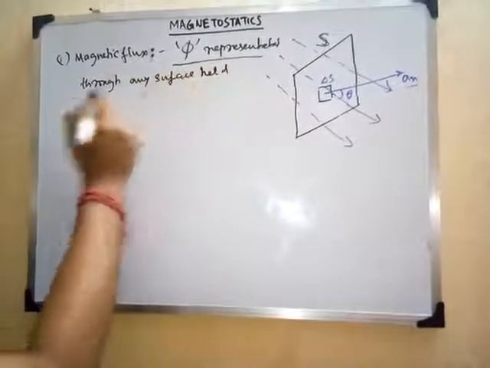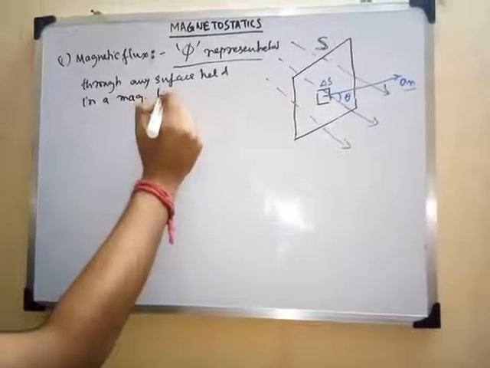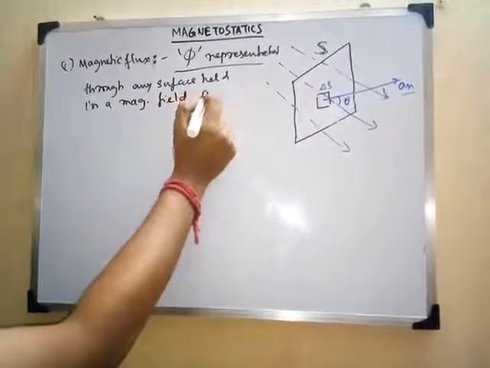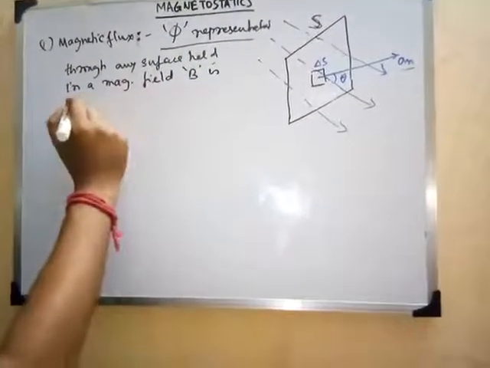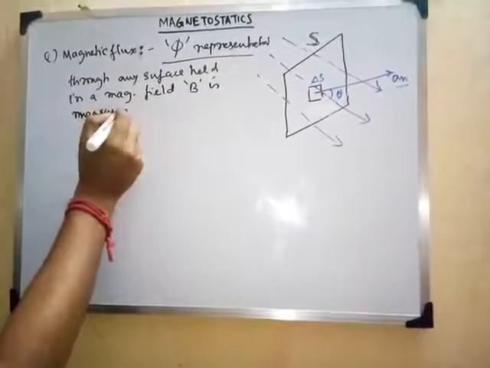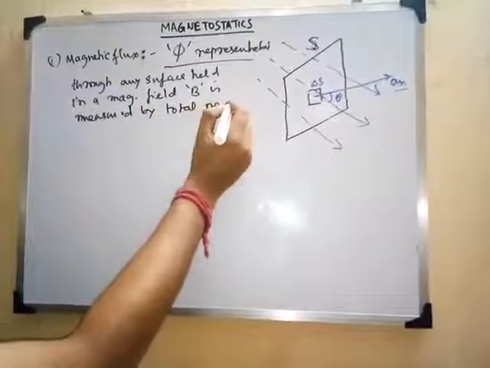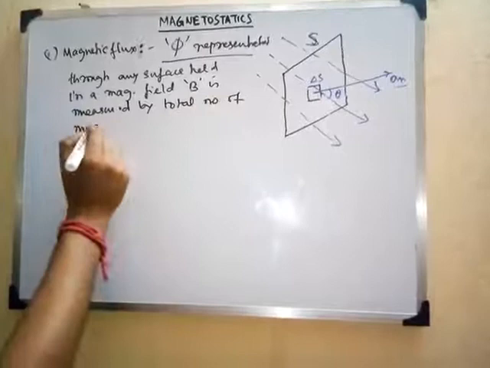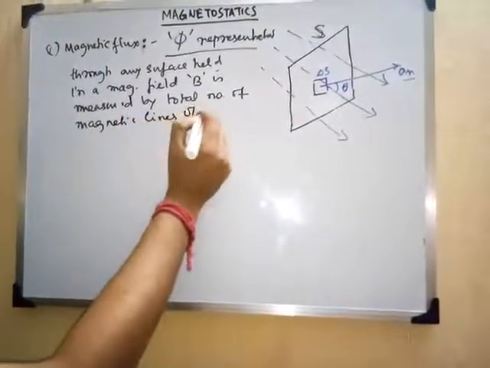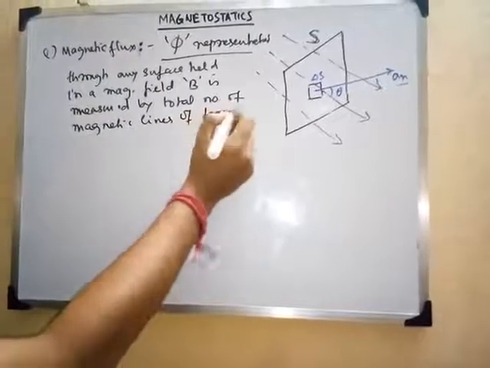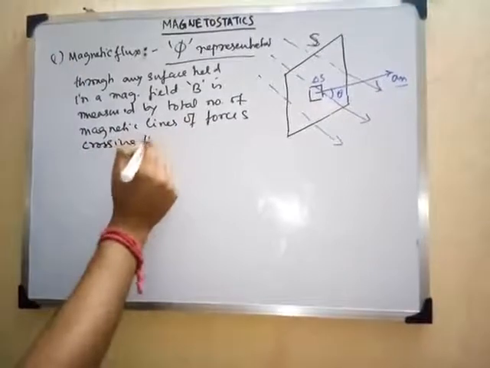Magnetic flux through any surface held in a magnetic field B, where the magnetic field B is present, is measured by the total number of magnetic lines of force crossing the surface.